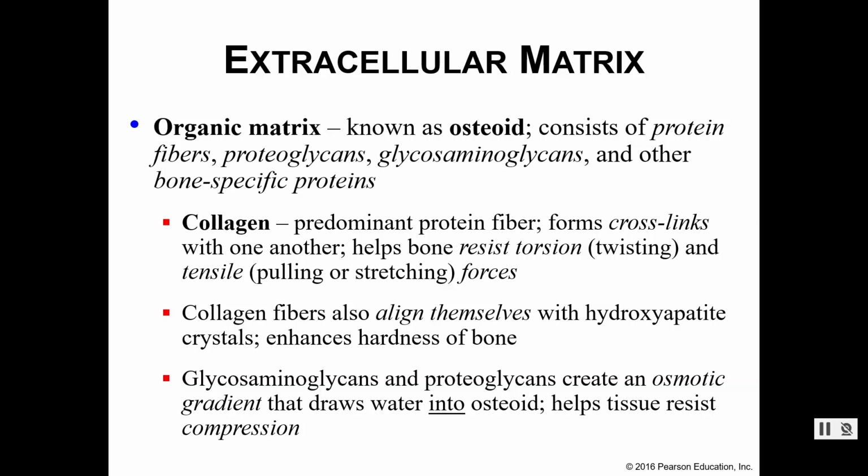They form crosslinks with one another to help prevent torsion or twisting forces, as well as tensile or pulling and stretching forces. Okay, so every time you move, you're going to twist and pull on the muscles, which are then pulling and twisting on the bones. And we would prefer if this did not cause our bones to break. So the collagen actually plays a pretty big role in bone health.